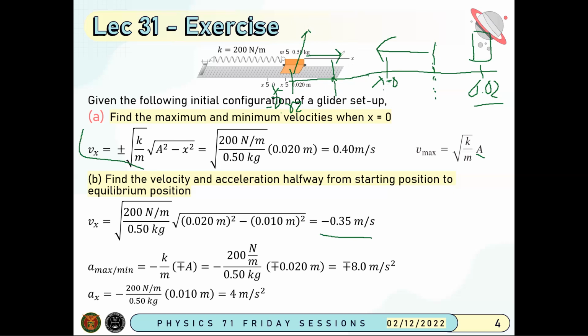Right? So with that, ang kukunin mo naman is positive root. Okay? Okay. So kaya important kung ano yung initial position sa kayong final position. Para malaman natin kung positive or negative root yung gagamitin. Okay. Pero yung sa dulo, right, yung sa amplitude mismo, yan yung maximum and minimum velocities.